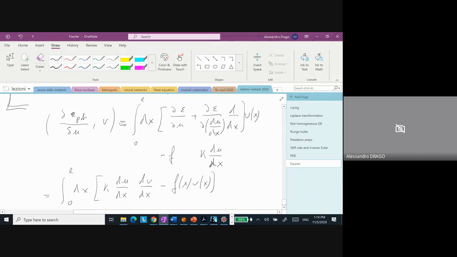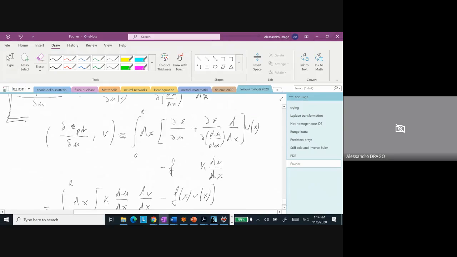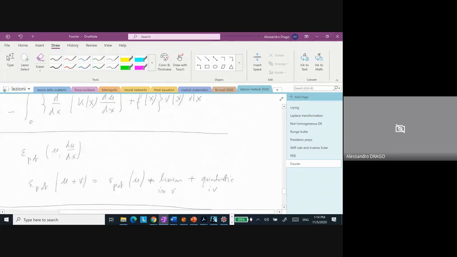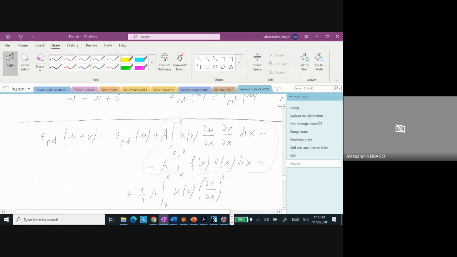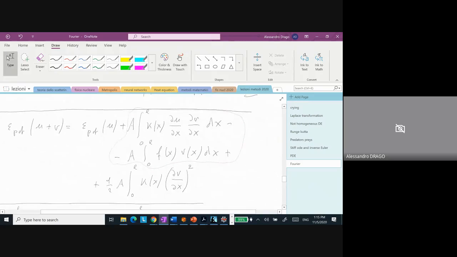Okay, so if you recall, this quantity here is exactly the two terms that we were getting in our expansion here. These are the two terms.